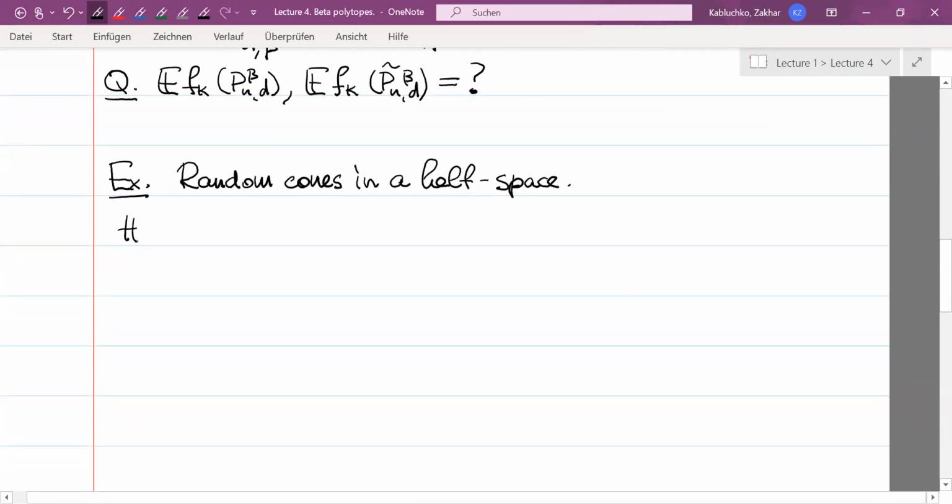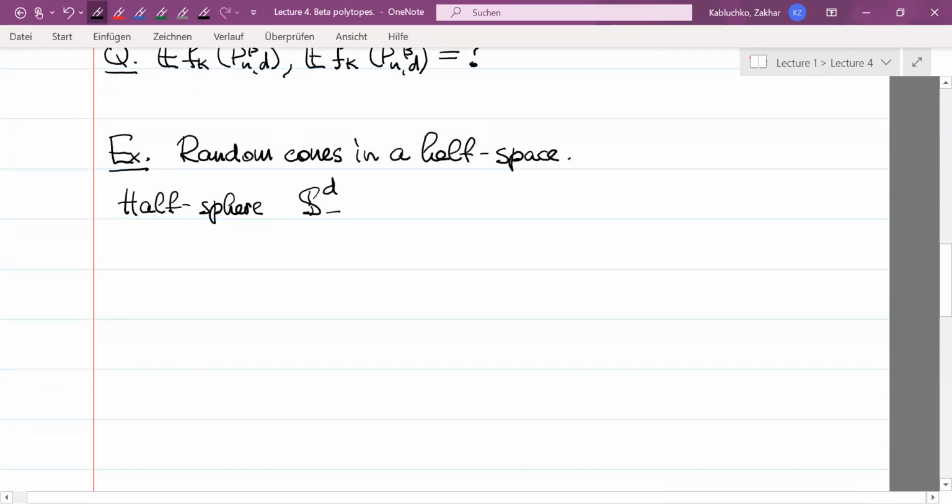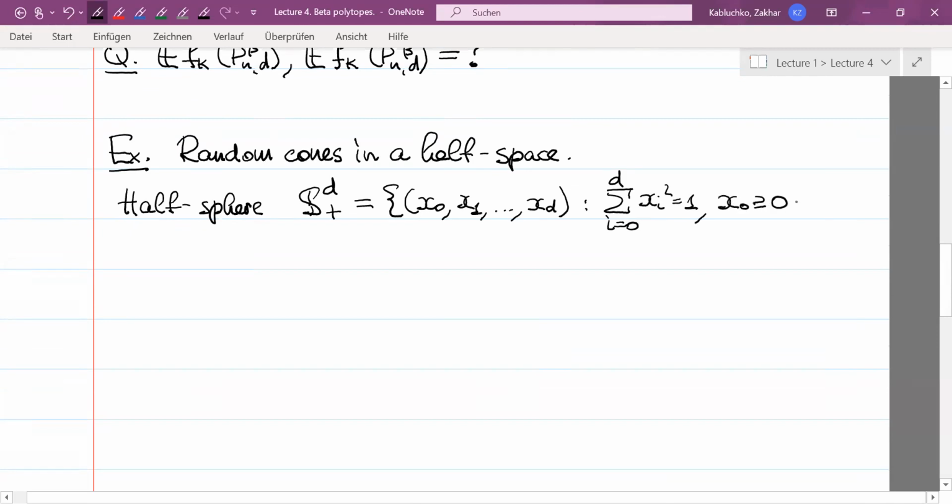So we consider the half sphere S^d_+, which is d-dimensional, which means that it is in the d+1 dimensional space, and it is defined as the set of all tuples (x0, x1, ..., xd), so there are d+1 coordinates, such that the sum of the squared coordinates is 1, and the first coordinate is greater than 0. It is in R^{d+1}.